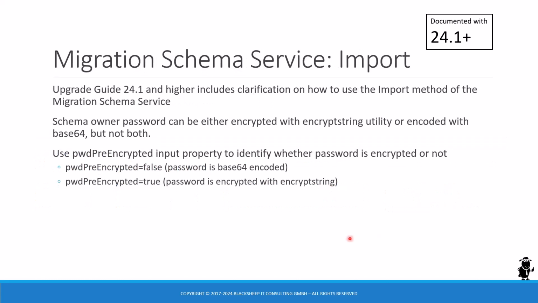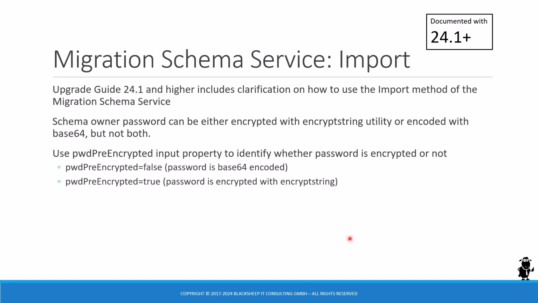Then the migration schema service, that's one of those business services that does the heavy lifting in the migration application. The migration application calls those business services and orchestrates these calls. It's documented in the upgrade guide how to call these business services manually using REST API or any other means.